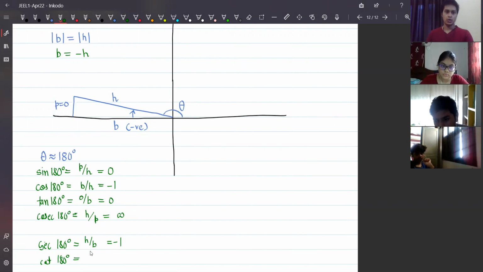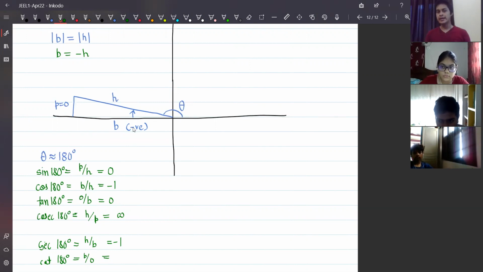Infinity. Cot is 1 by tan, base by perpendicular, so B by 0. But your base is negative.